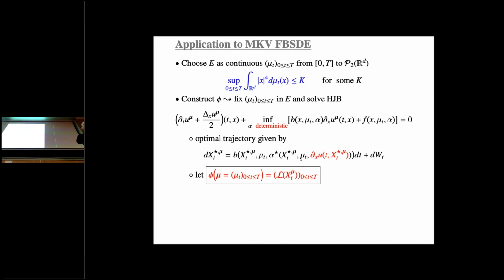And this is the way I have some stability of my set E. Continuity will be stability of HJB plus stability of the solution to this McKean-Vlasov equation. And compactness, this is tightness, and we know how to get tightness for stochastic processes. And then once you have tightness for stochastic processes, you have tightness for the laws themselves, in fact. So this is in the weak sense.